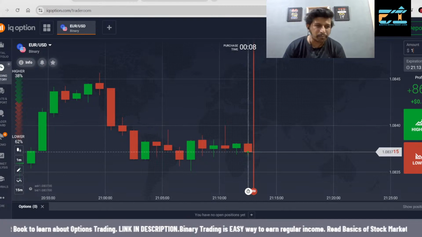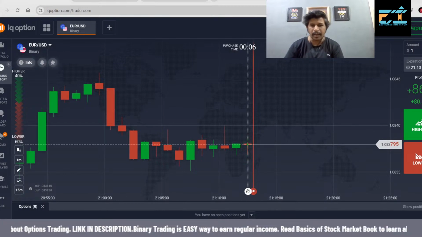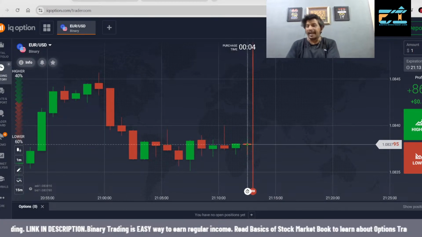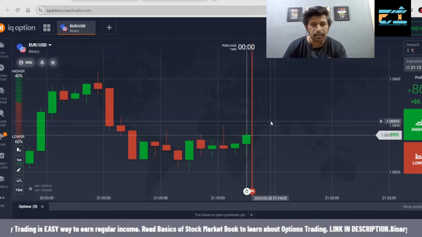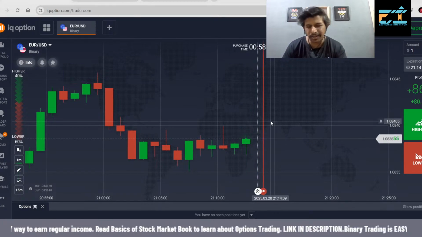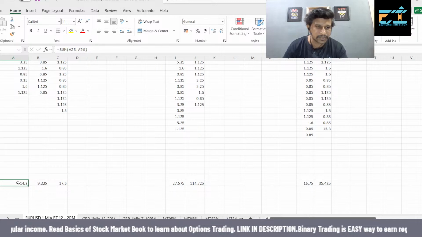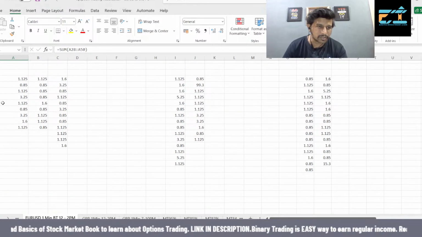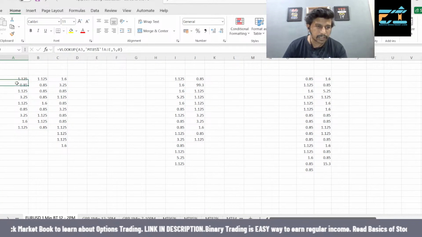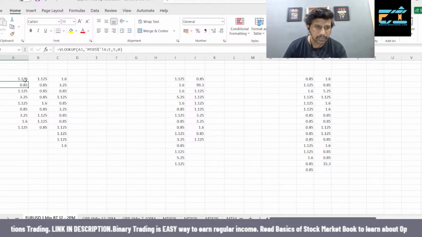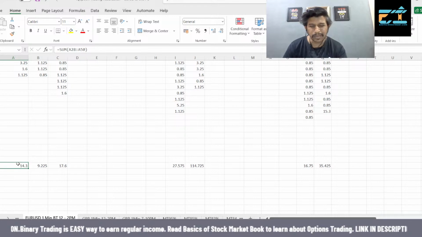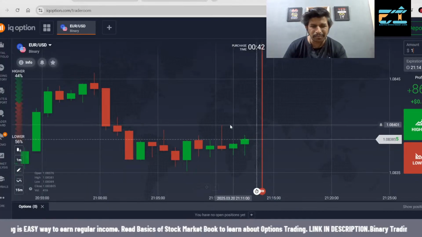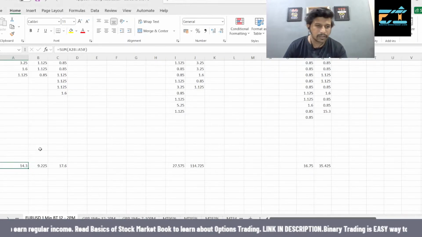Actually I've made a bit more than that because it's 86% profit, and I'm making 1 cent more than that. But anyways, not much of a difference. So for every trade I make 86 cents. Here I double it. So accordingly, yeah, I probably made $15, but not much of a profit today.